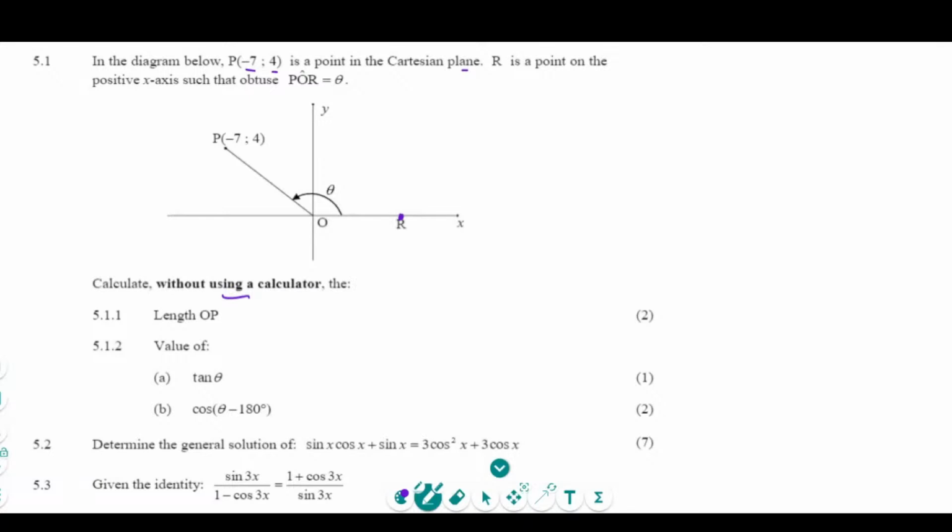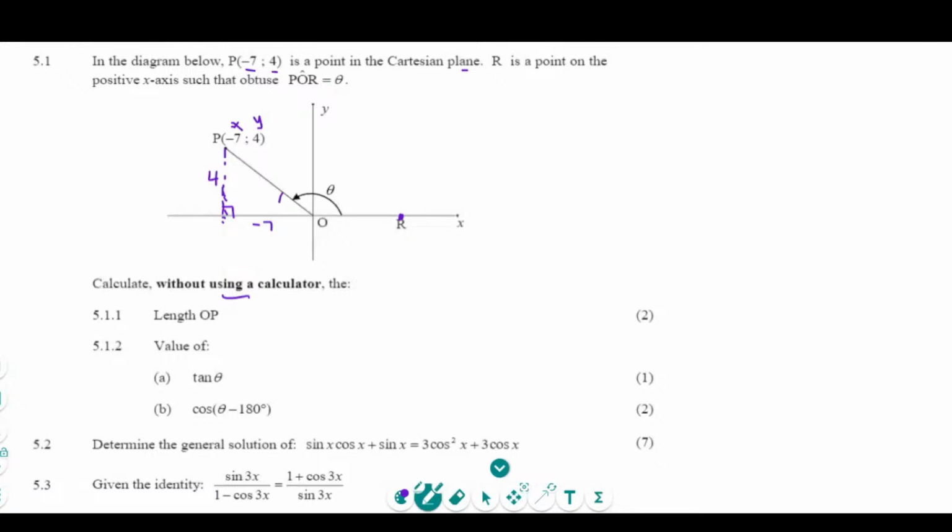So step number 1, for as long as it is a Cartesian plane, try to complete this triangle by just dropping a line to the x-axis. I know some people usually drop to the y-axis, that is wrong. Just drop to the x, so that we have a right-angled triangle. Now the interpretation of these coordinates: -7 is for the x and 4 is for the y. So the distance from here to there is -7, and then from there to there we have 4 units. So 7 units in the negative direction and then 4 units upwards.